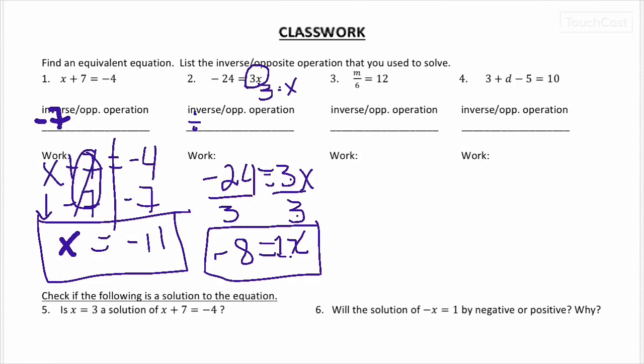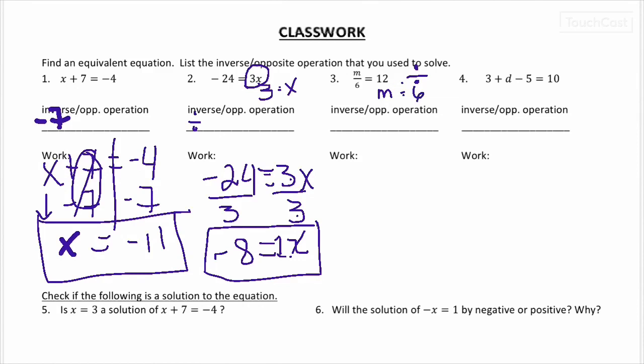Okay, number 3. All right, so m, and then the 6 on the bottom, this line here, that's the division line, right? With something on the top and something on the bottom. That's what we have. M is on the top. M divided by 6 is what we have.